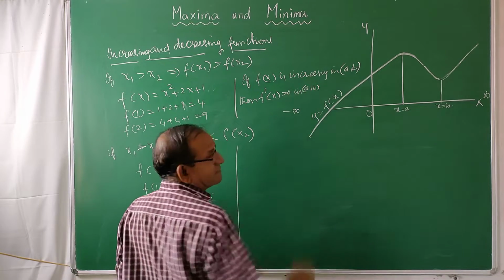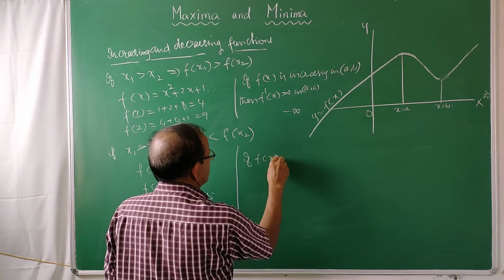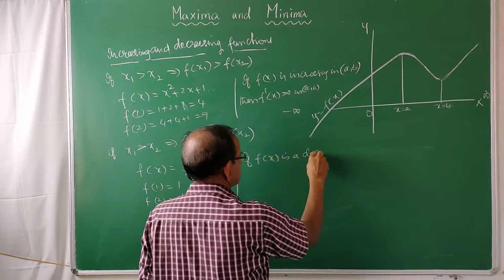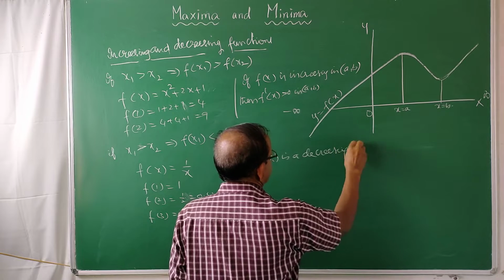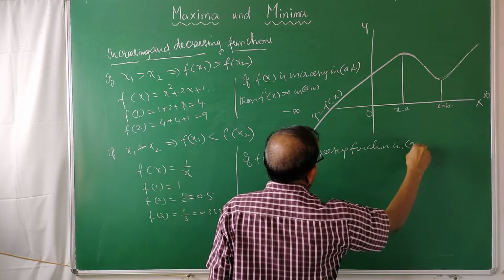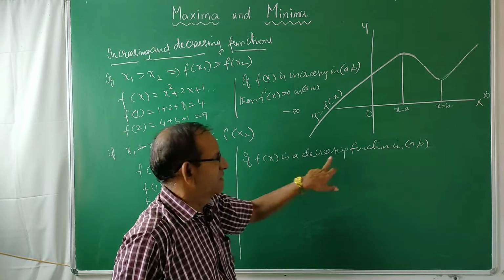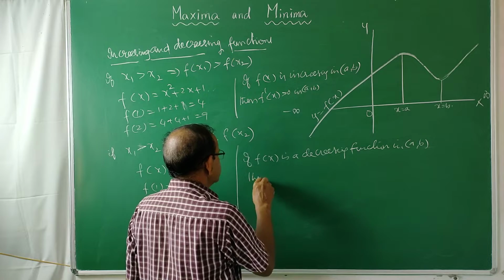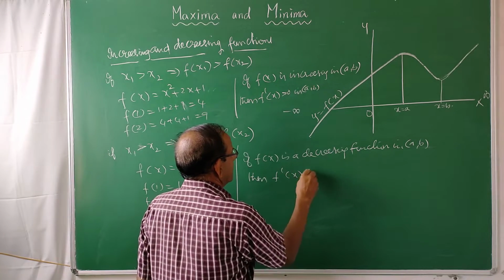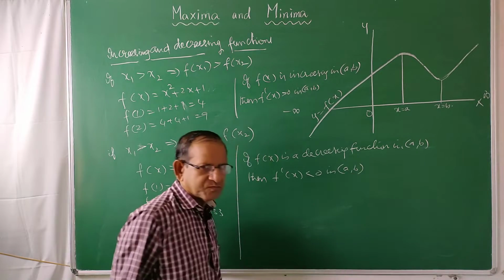Similarly, if f(x) is a decreasing function in a comma b, for example, a general interval, then f dash x is negative in that interval a comma b.